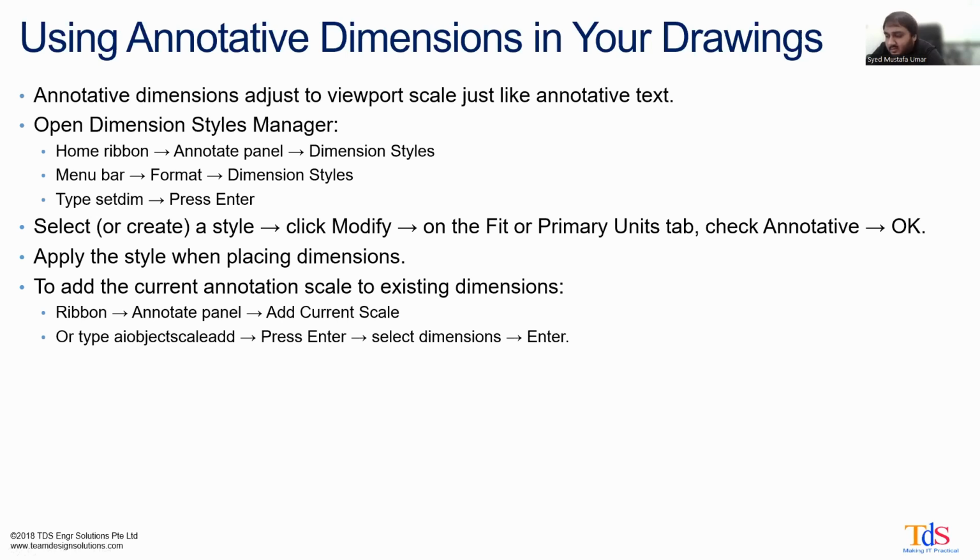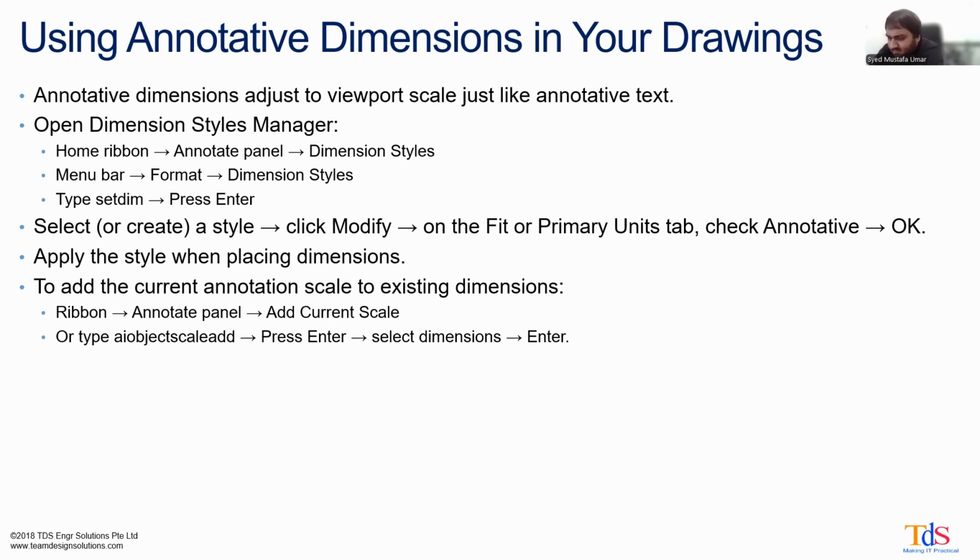Annotative, you can enable or disable for dimensions, for text, and for multi-leaders as well. We saw that even within tables, there was the option of making text annotative. Even within multi-leaders, I believe there was the option of making text annotative.